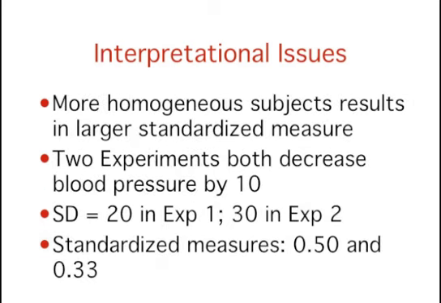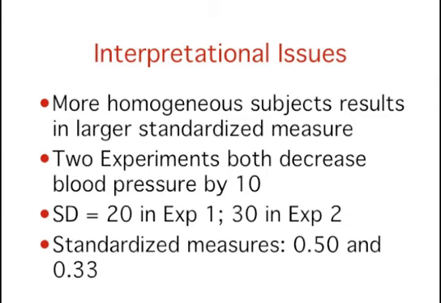When the effect size is measured in standard deviation units, as it is for Hedges' g and Cohen's d, it is important to recognize that the variability in the subjects has a large influence on the effect size measure. Therefore, if two experiments both compared the same treatment to a control, but the subjects were much more homogeneous in experiment 1 than in experiment 2, then a standardized effect size measure would be much larger in the former experiment than in the latter. Consider two hypothetical experiments on the effect of an exercise program on blood pressure.